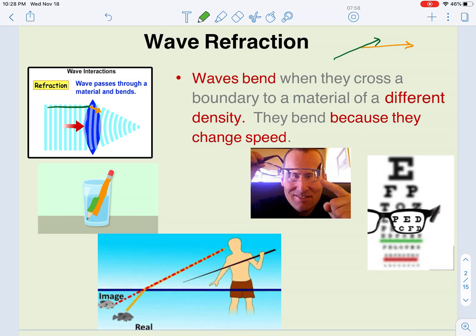The image to the right is of a vision test. You can see in the background that the letters are all blurry. If you've ever been to the eye doctor, they put the little lens set over your face and then they switch lens 1, lens 2. Is it better here or here? And what if I do this?